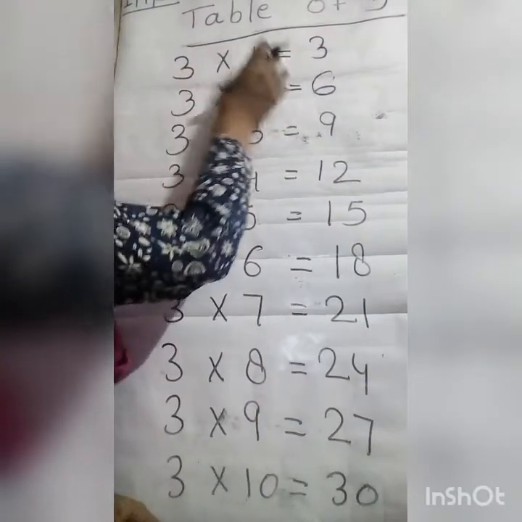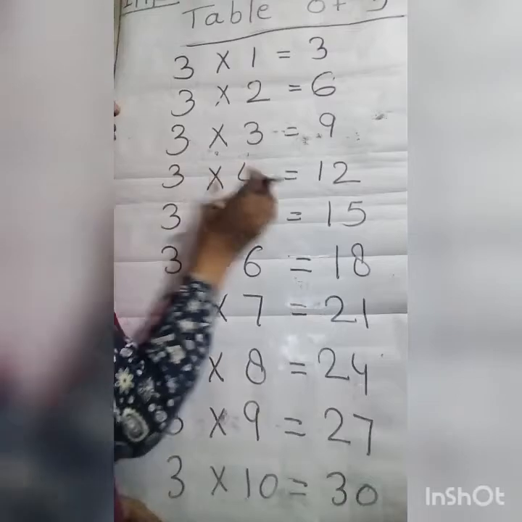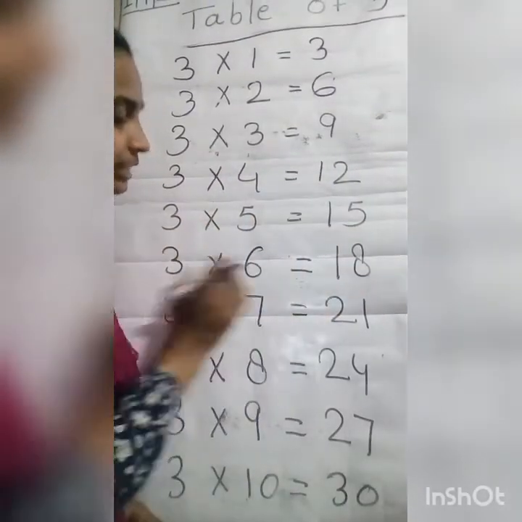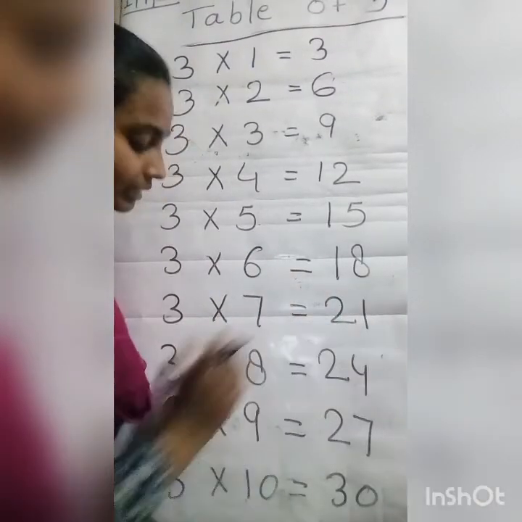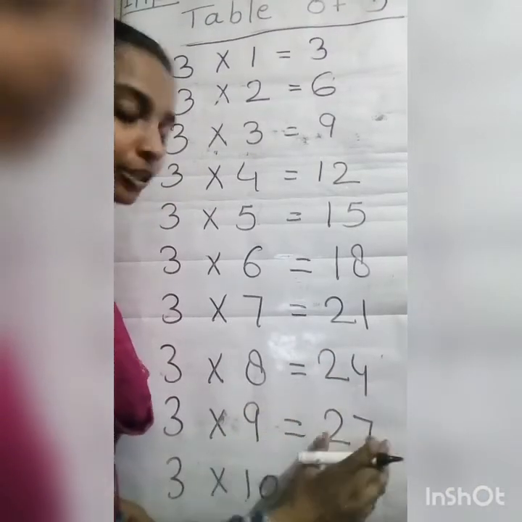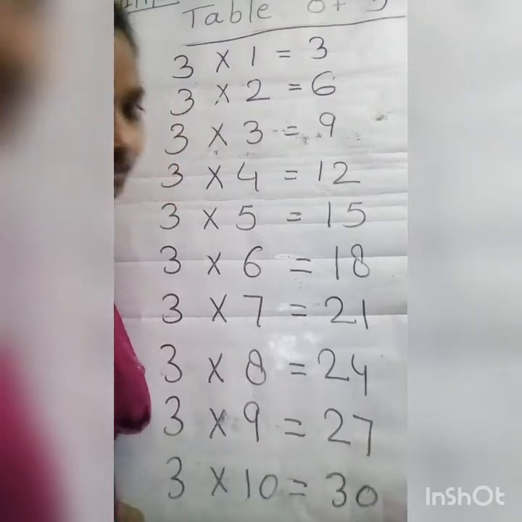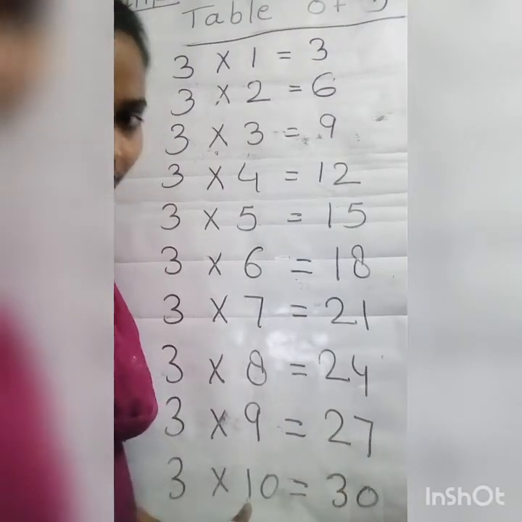Again, 3 ones are 3, 3 twos are 6, 3 threes are 9, 3 fours are 12, 3 fives are 15, 3 sixes are 18, 3 sevens are 21, 3 eights are 24, 3 nines are 27, then 3 tens are 30. Okay. So children, this is the table of 3.